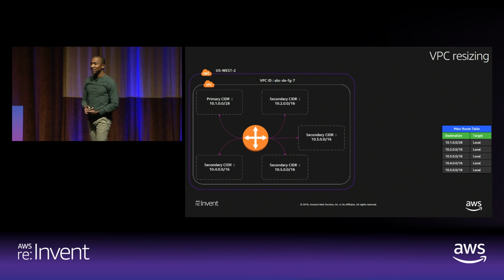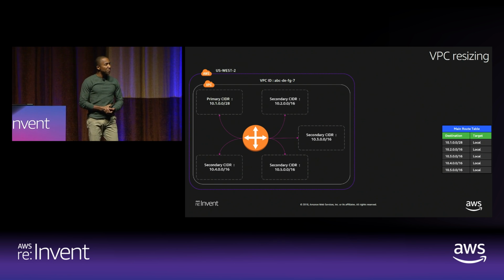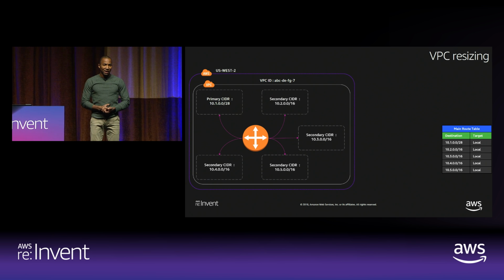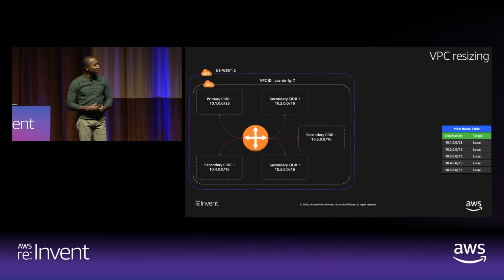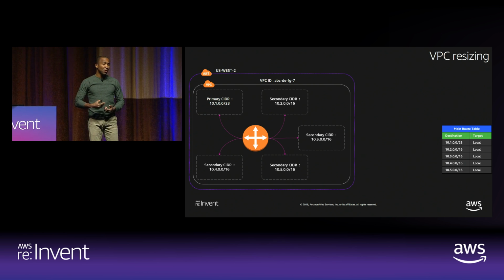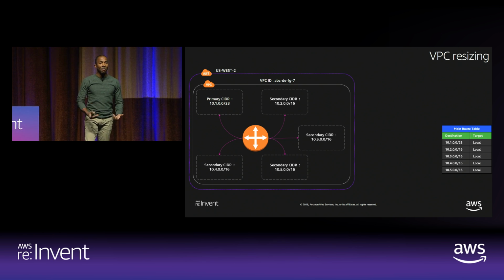Now, there are caveats. If you have a 10/8 network, for example, you won't necessarily be able to associate a CIDR block. If you already have a network that's 10.1/16, for example, you can't peer to another VPC that has the same CIDR block, nor can you attach another 10.1/16 CIDR block because you already have it.